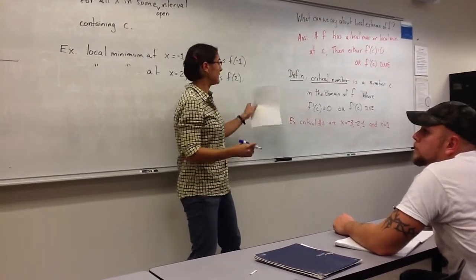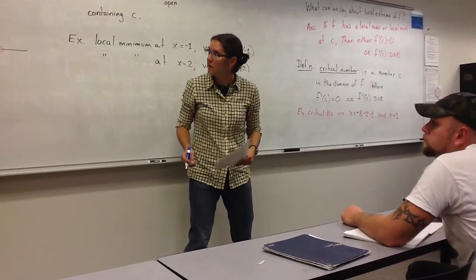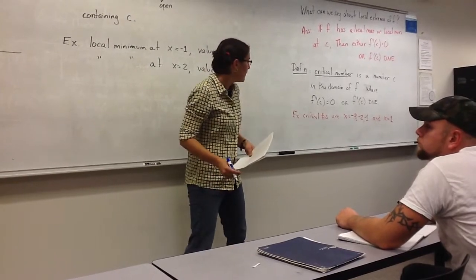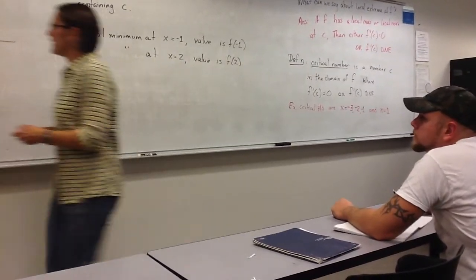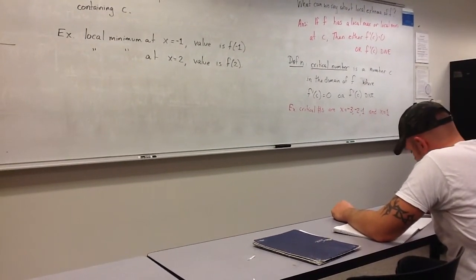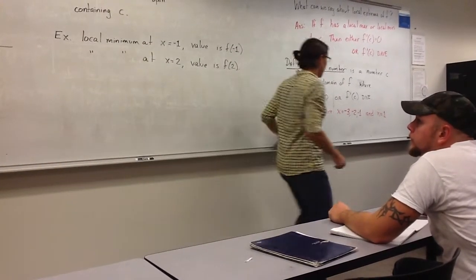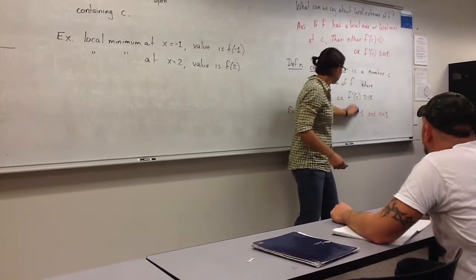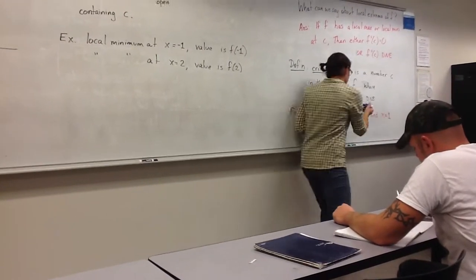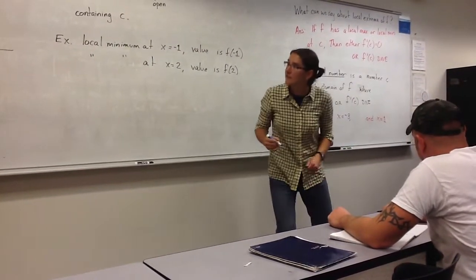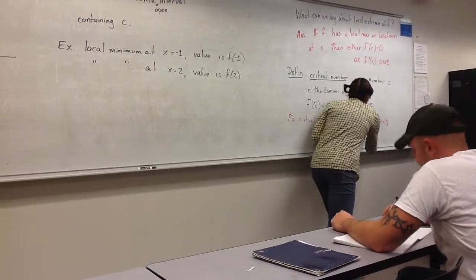Okay. Other questions about the definition of a critical number? Wait, is it -3, 2? All right, what did I do here? Positive 2, right? Yeah, so what did I want here? I wanted x equals -3, x equals -1, and x equals +2. I mixed up my 2 and my 1. So if you wrote this down, erase it. Let's try that again. x is equal to -3, x is equal to -1, and x is equal to 2.